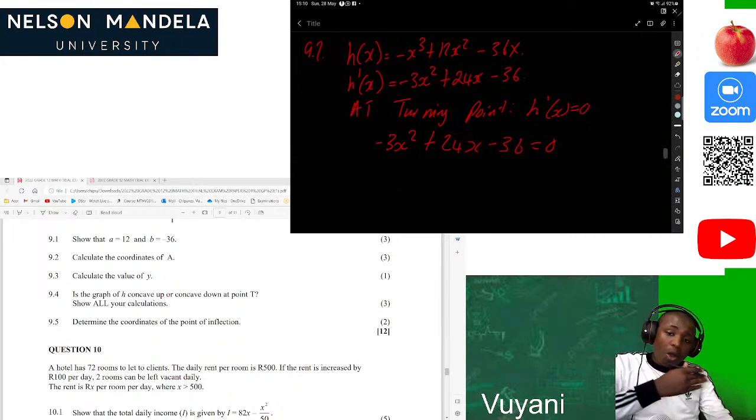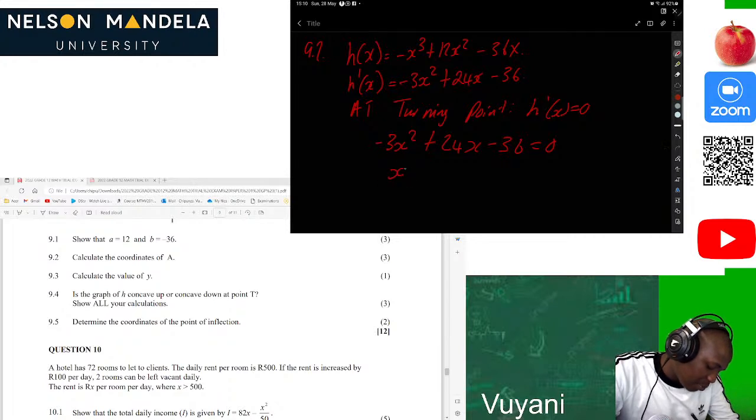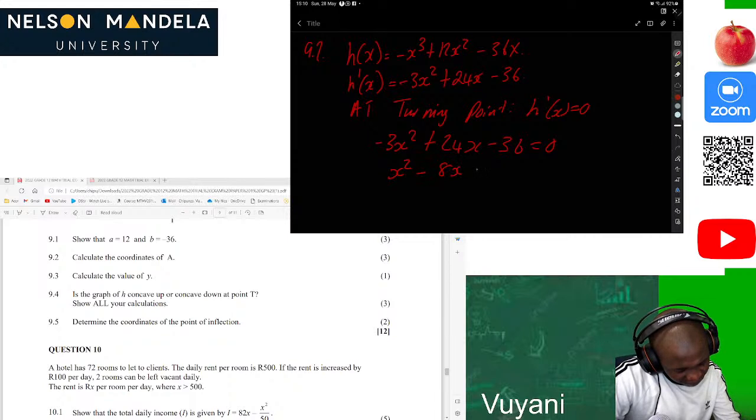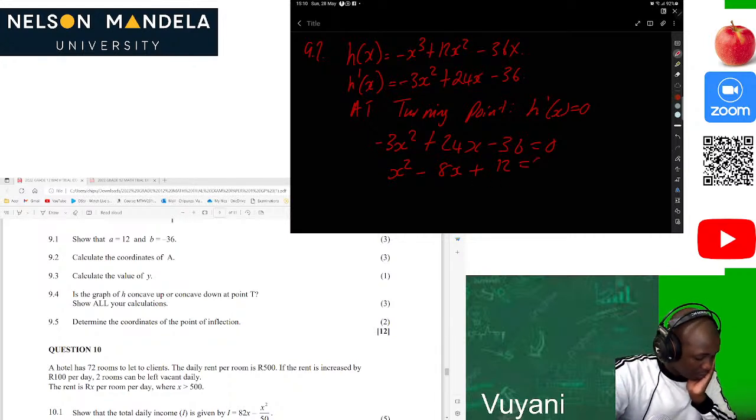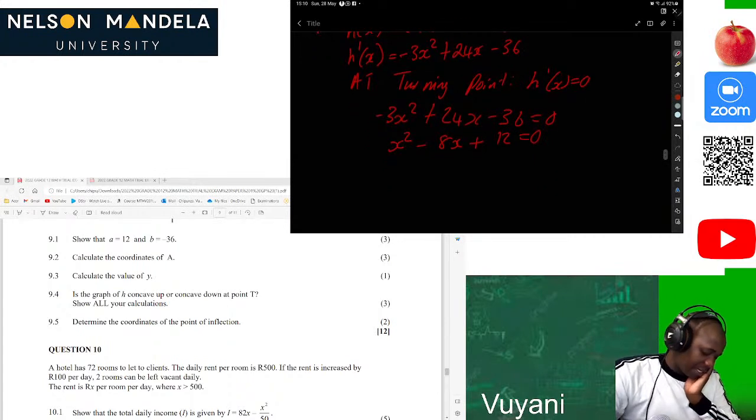Then divide all through by negative 3. That should be x squared minus 8x plus 12 equal to 0. Then you can use our calculator there. 6 times 2 is 12. So we have x, we have 6, we have 2. For the negatives, when we say negative, we also say negative.